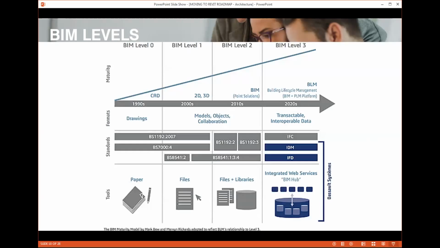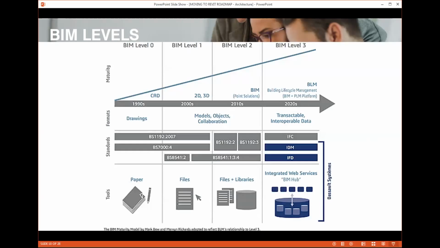BIM levels in an organization. BIM level 0 has AutoCAD and paper. Then BIM level 1 has AutoCAD LT with AutoCAD, that means 2D and 3D being used. Okay.